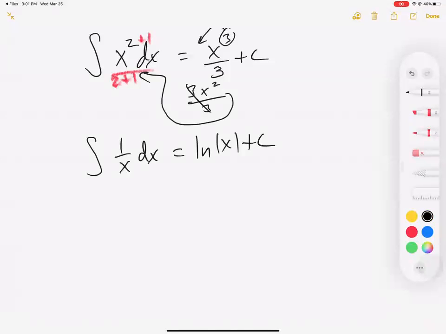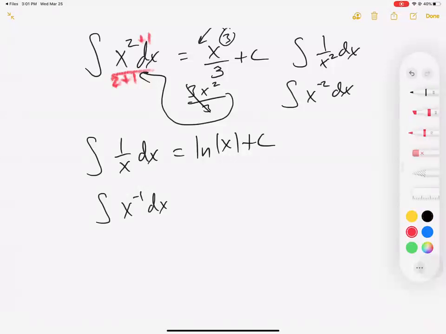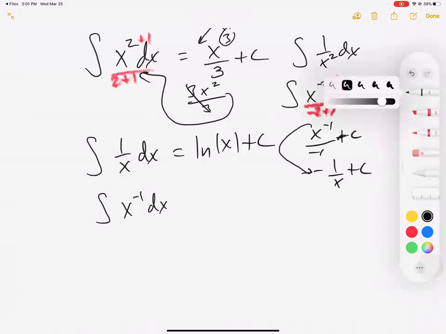It's because if I rewrite this as x to the negative 1 power, just like what we did for the other problems, if this was the integral of 1 over x squared dx, you could rewrite this as the integral of x to the negative 2 power dx. And if we did the power rule, plus 1 over negative 2 plus 1, we would still get a number that makes sense: x to the negative 1 over negative 1 plus c, which is negative 1 over x plus c. But why doesn't it work for this guy here?